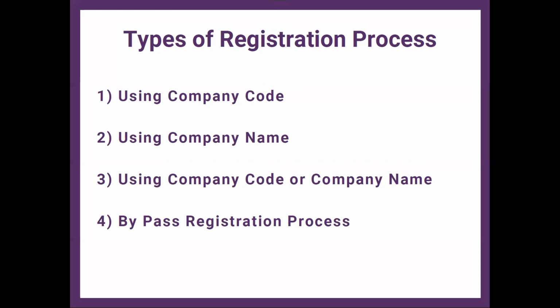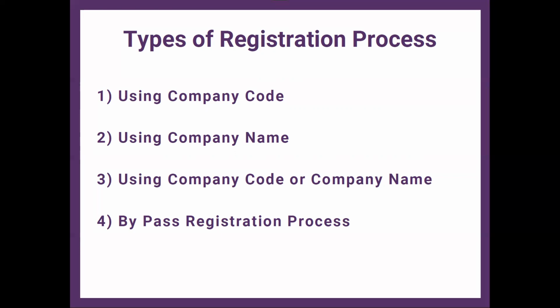The third type of registration is using company code or company name. In ProBench terms, it is both. So both options, one and two, are available for this type of registration process. There is a question in the registration form which says, do you have a company code?